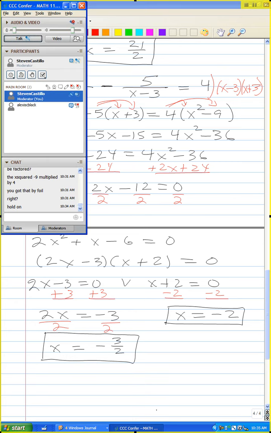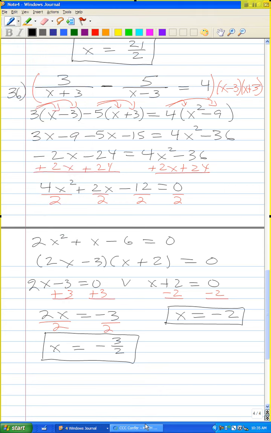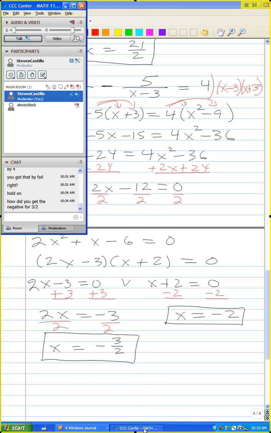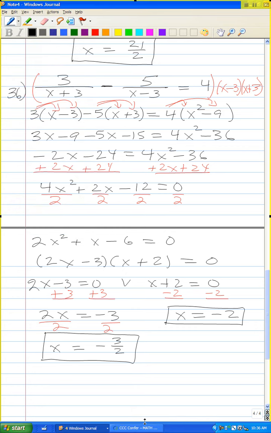Nope. Sorry about that. How'd you get negative 3 halves? Oh, okay, so I set 2x minus 3 equal to 0. That's why. Positive 3 halves.